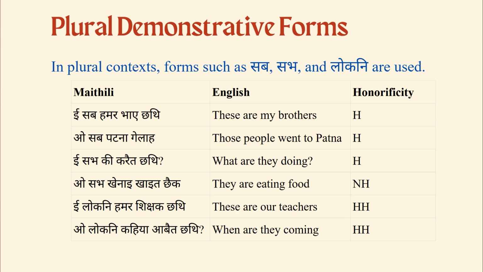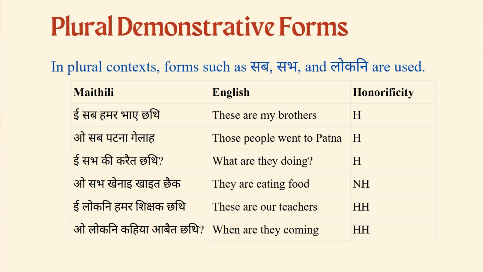Now we have used o here. We can also say u sab khenai khait chhe because the referent is non-honorific. But usually for human reference we commonly say o. But we can use u as well. So they are eating food, again they is o sab.